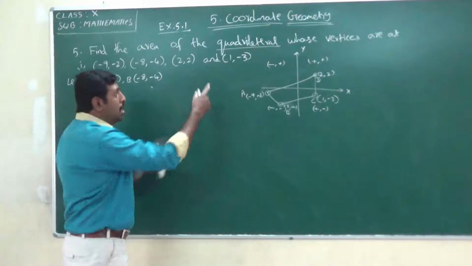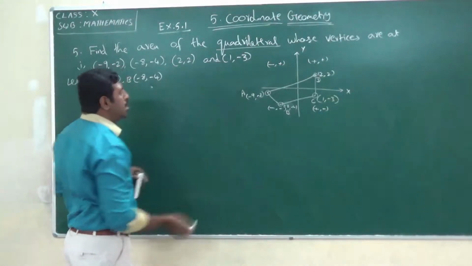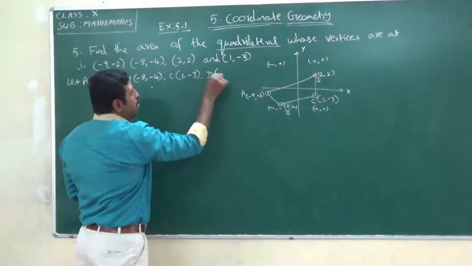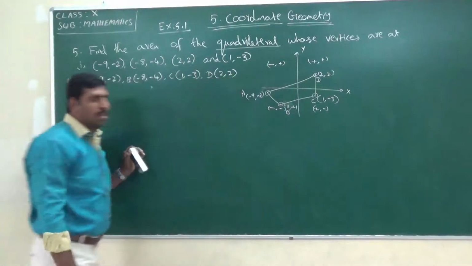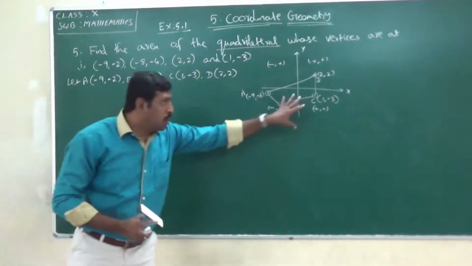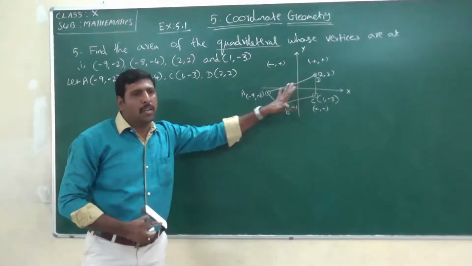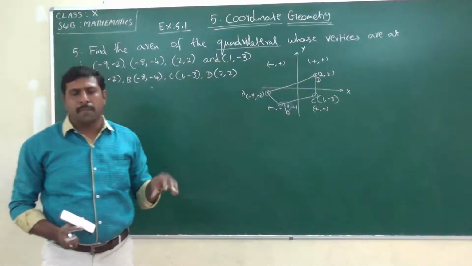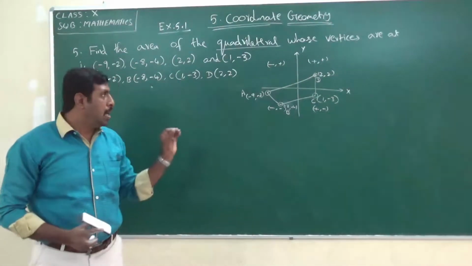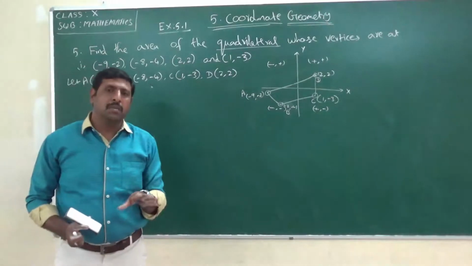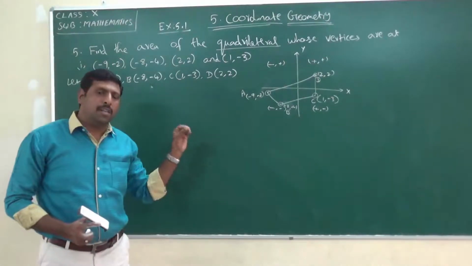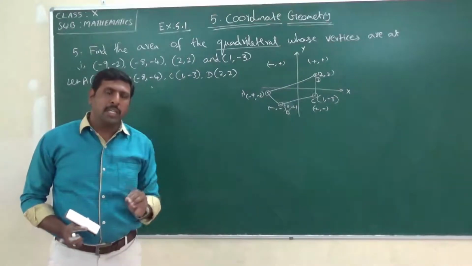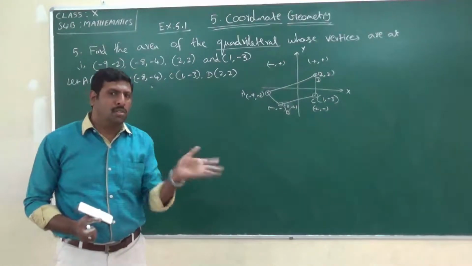By taking the order, I interchange these two points. Then C as 1, minus 3 and D as 2, 2. That's why we are doing the rough diagram here. If you take it in a given manner, you may get negative values sometimes. It is not a wrong answer; for the area of a quadrilateral or triangle we take only the absolute value. If you get negative, just change it to positive, that's all.